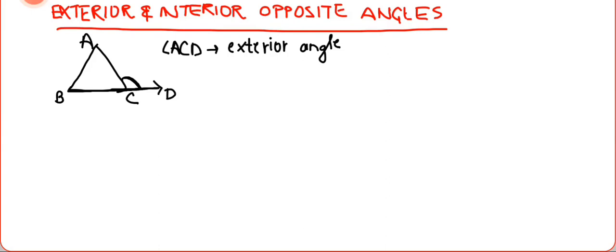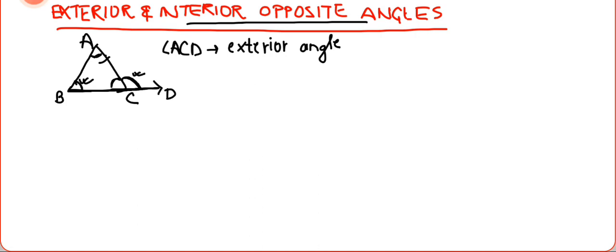And we have interior angles. Three interior angles actually, that is angle A, angle B, and angle C. Here we are talking about interior opposite angles. So in the interior of the triangle we have three angles, and opposite to angle ACD are this one and this one. Okay, so how will we write it?